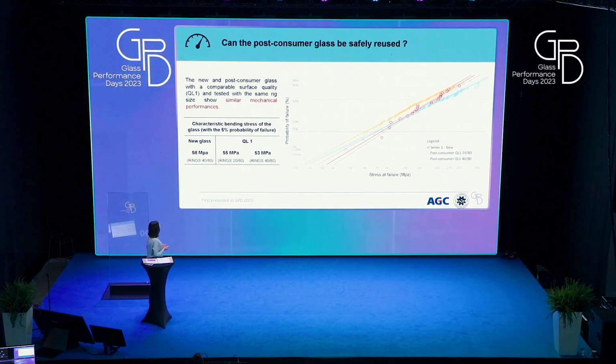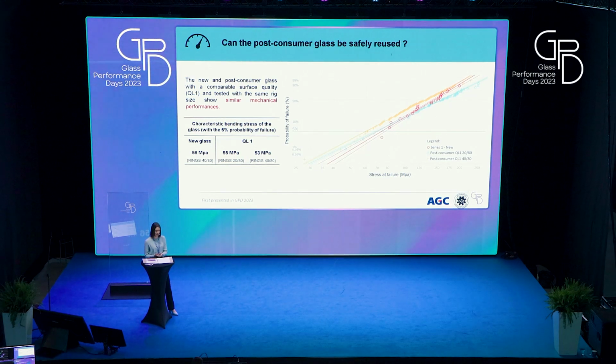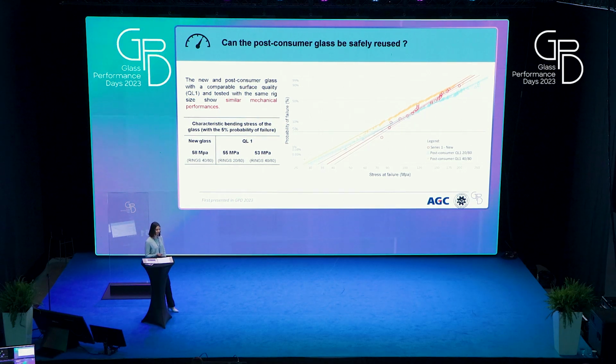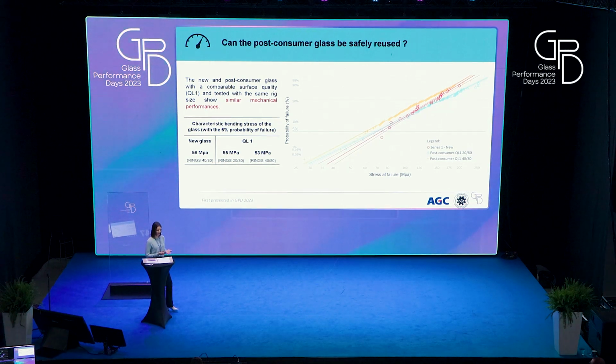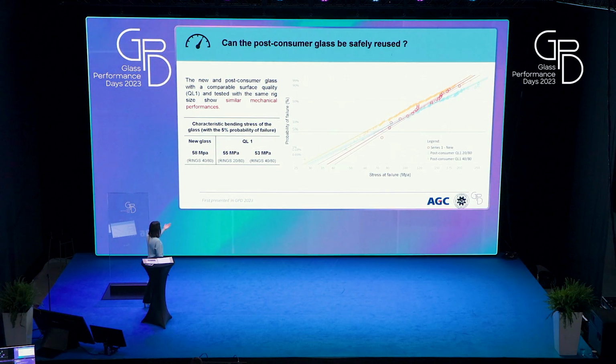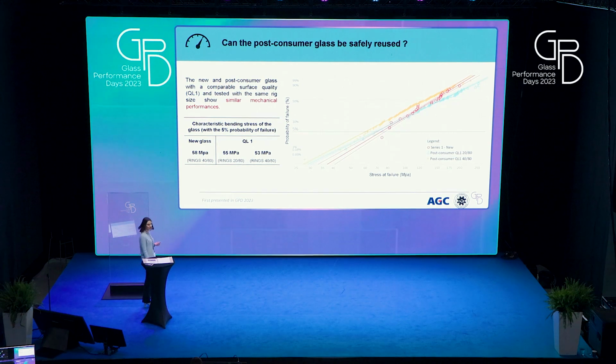And this comparison actually helps to highlight the main finding of our study, which is that the surface quality classification has an effect on the mechanical performance of the glass, and actually the new and post-consumer glass tested with the same ring size shows similar mechanical performance, because the 53 megapascal of the post-consumer glass is highly comparable to the 58 megapascal of the new glass.